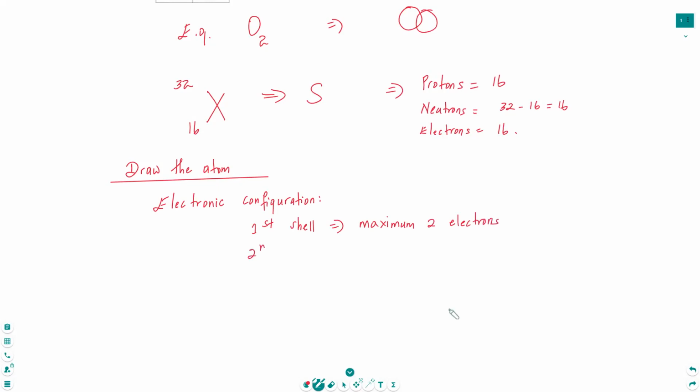The second shell can hold a maximum of 8. And the third shell can hold up to 18, but at the CSEC level, we still say it holds 8.